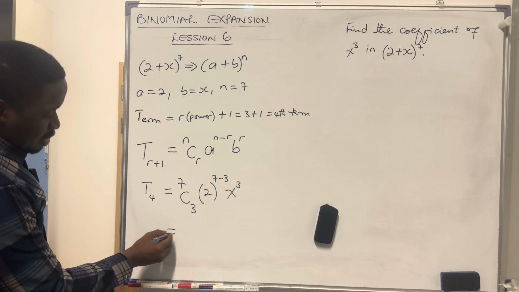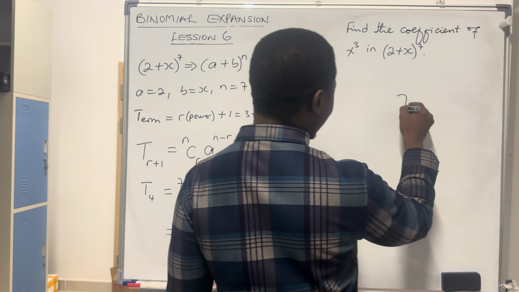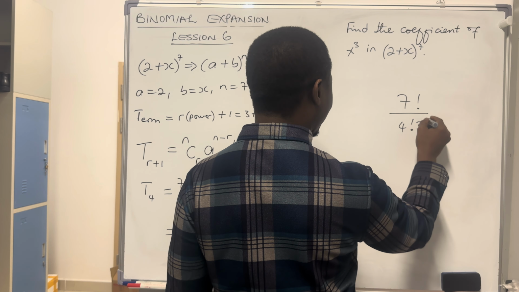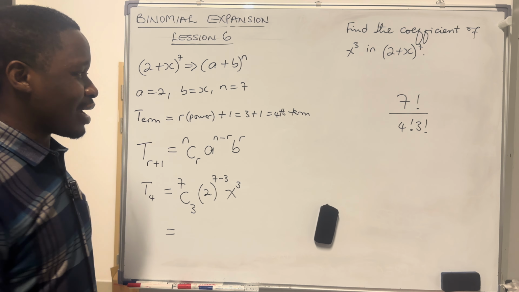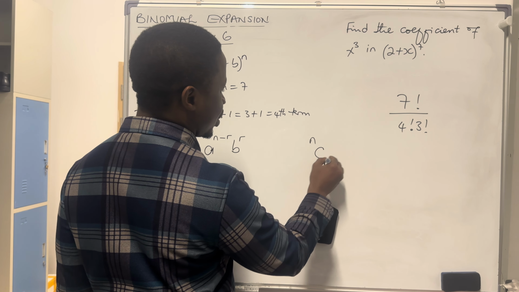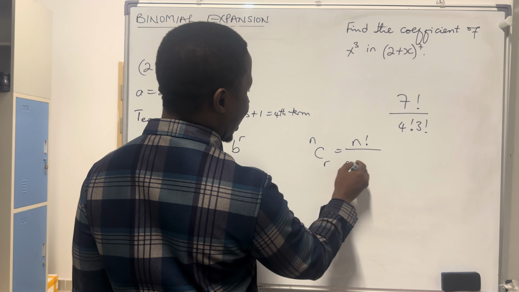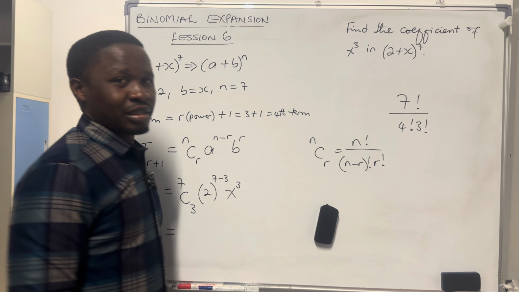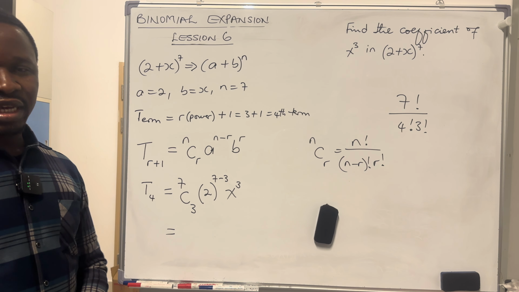So what is 7 combination 3? From your calculator, 4 factorial, 3 factorial. Because n combination r is n factorial over n minus r factorial, r factorial. In the previous videos, I did how to find it directly using the calculator.